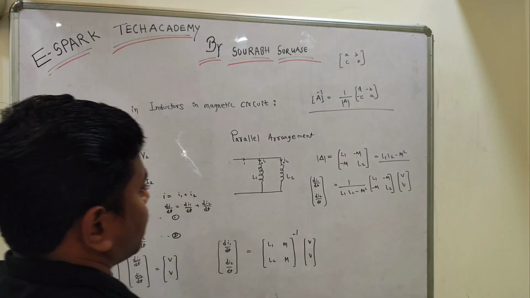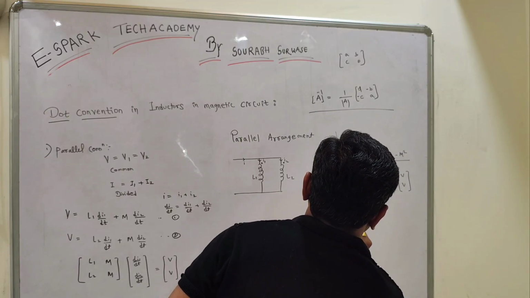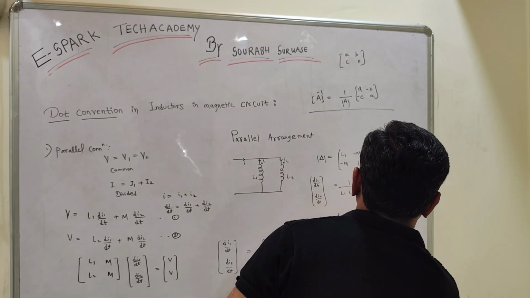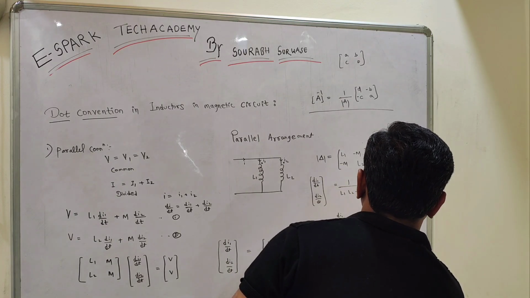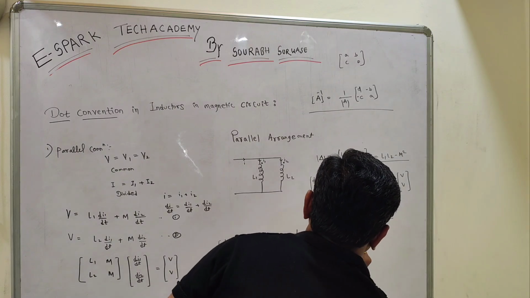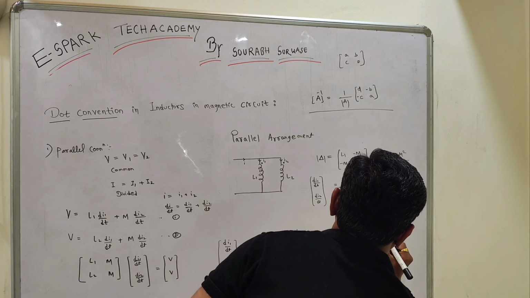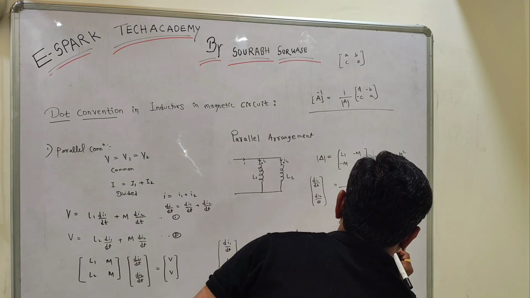When we solve this, we get di1 by dt equal to V times (L1 minus M) divided by L1 L2 minus M square, and the other will be V times (L2 minus M) divided by L1 L2 minus M square.